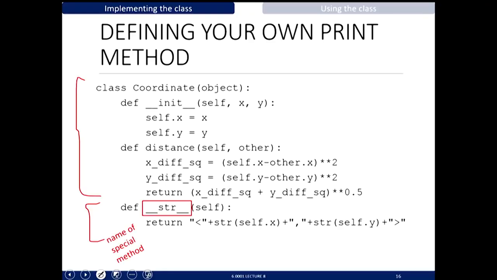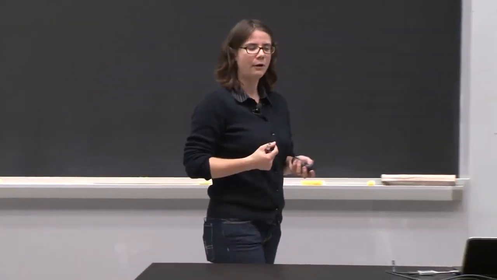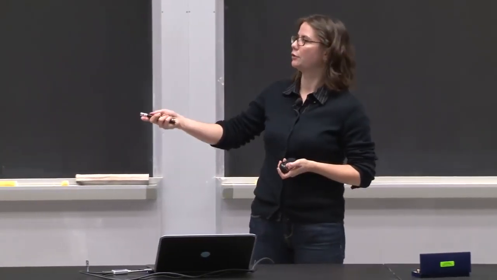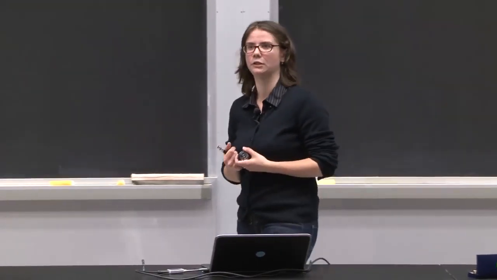In this particular case, we're going to return the string that's the angle brackets concatenated with the x value of the object, self.x, concatenated with a comma, concatenated with the y value of this particular instance of an object, self.y, and then concatenated with the angle brackets. So now anytime you have print on an object of type coordinate, you're going to call this special method str if it's implemented in your code. Any questions?